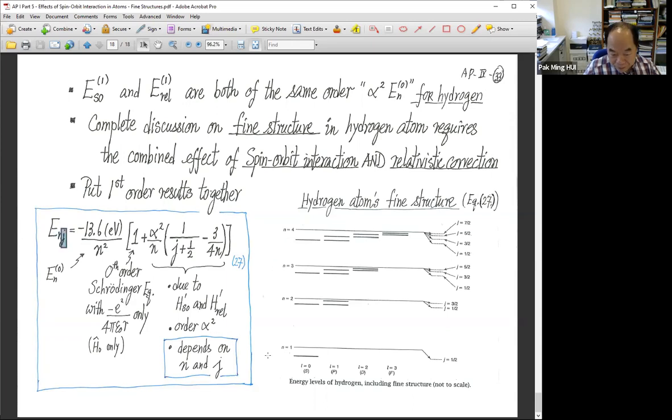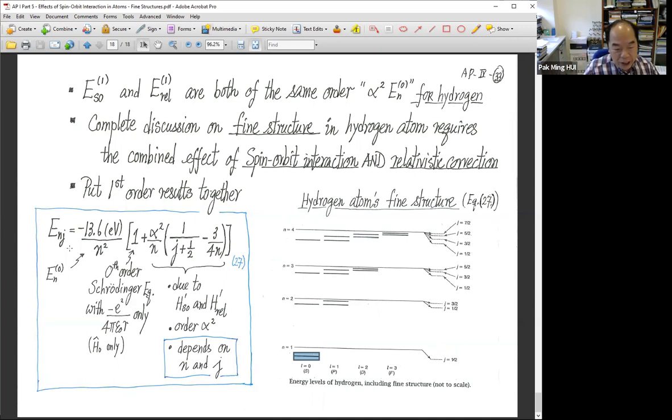So look at the ground state. If you don't have any correction, this is minus 13.6. But with all these corrections in place, this is lowered, but it is only one state because n is 1, j is half. So it shifts, but there's no degeneracy for it to be removed.